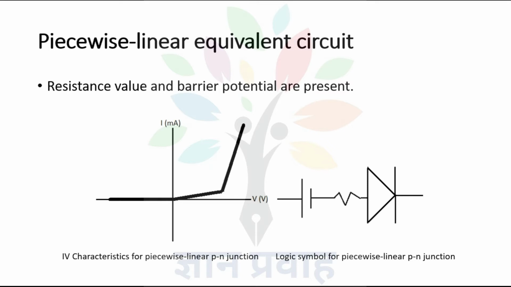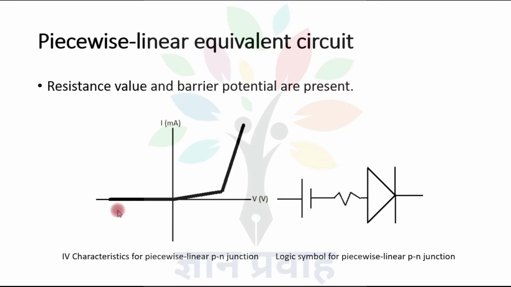The third equivalent circuit is piecewise linear equivalent circuit. In case of piecewise linear equivalent circuit, resistance value as well as barrier potential both are available in p-n junction diode. The logic symbol for piecewise linear circuit is given here. One ideal p-n junction diode with resistance value and barrier potential.